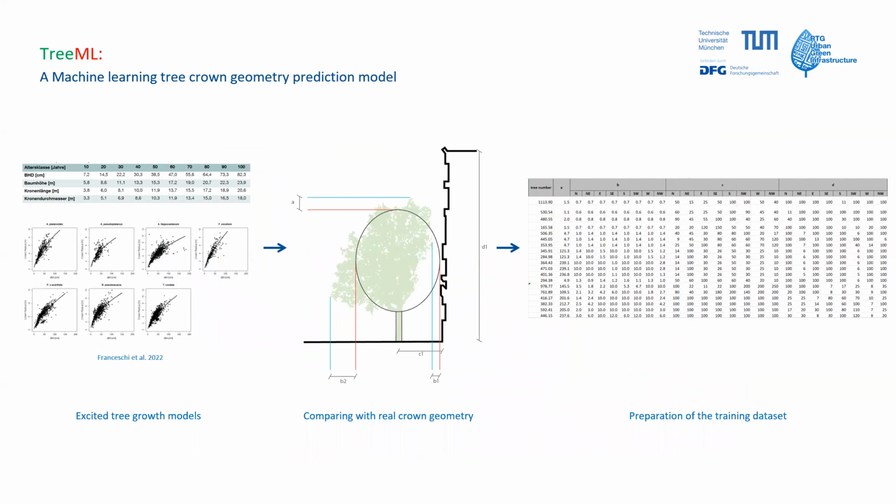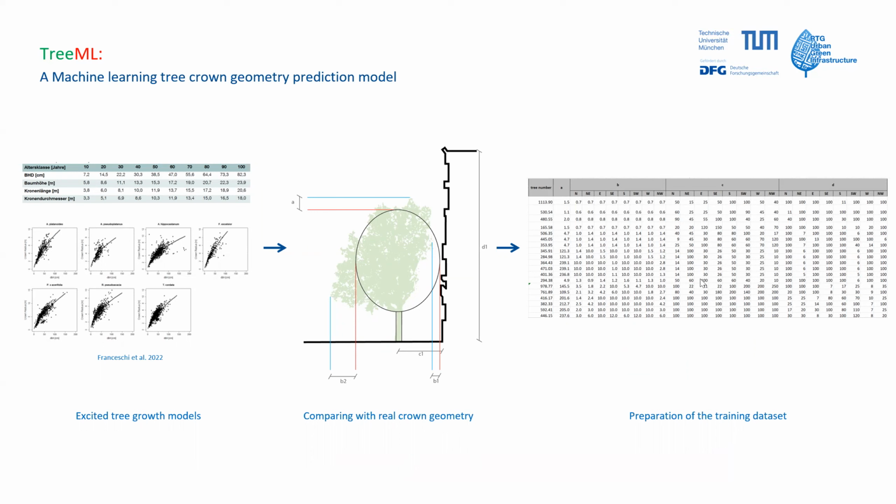Now I will explain our 3ML model, which is a machine learning tree crown geometry prediction model. This model is pre-trained on a data set of trees close to other trees and buildings. These data sets were prepared by measuring the tree crown geometry and the distance to surrounding buildings.